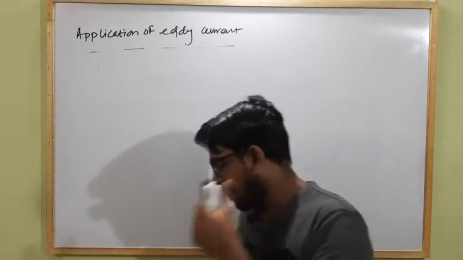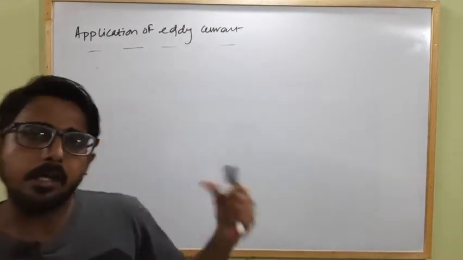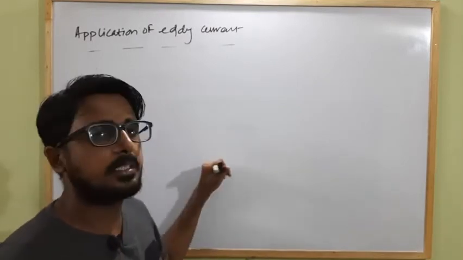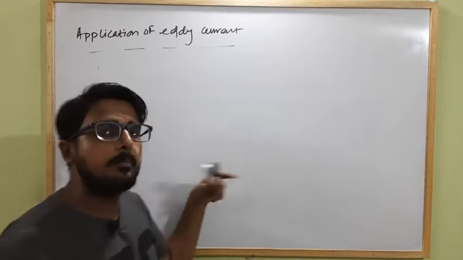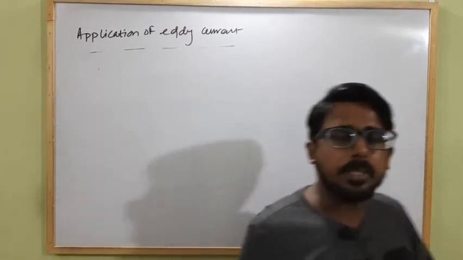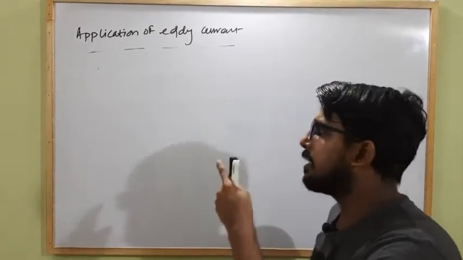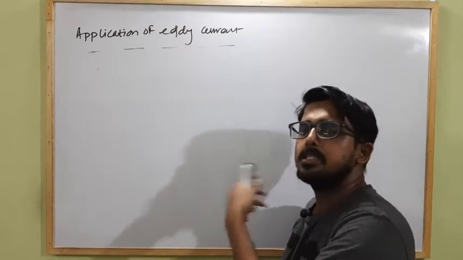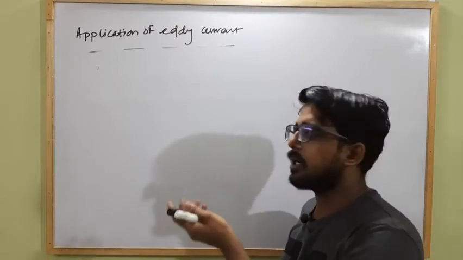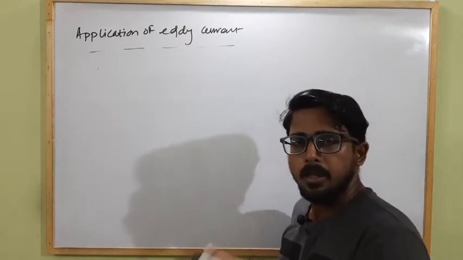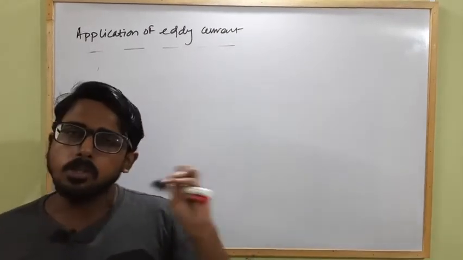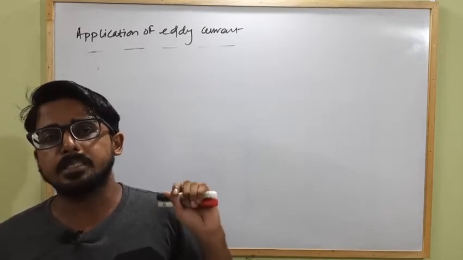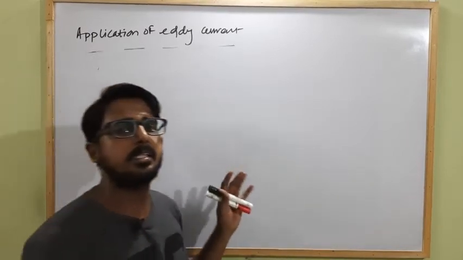That's why the damping effect of the eddy current is helpful to us, and also in some cases it is a loss for us. Clear? Again, due to eddy current temperature increases. So as temperature increases, the electrical energy is lost in the form of heat. So eddy current causes loss of energy. Clear? That's why, as eddy current has some advantages, it also has some disadvantages. That's why eddy current is known as a necessary evil.